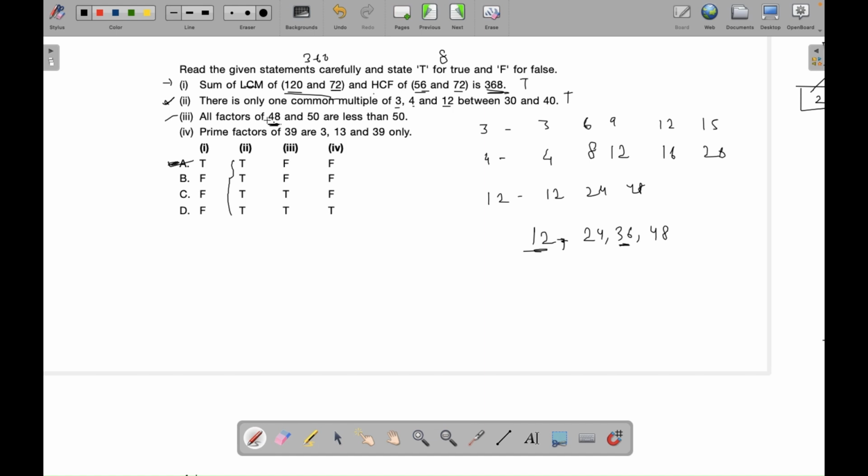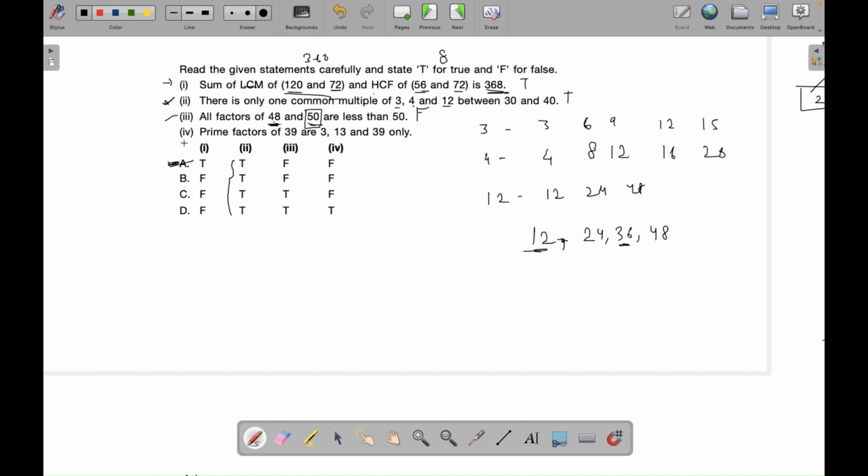So the highest factor of 48 will be 48 itself, and the highest factor of 50 will be 50 itself. But the question says all factors of these two numbers are less than 50. Right? But we know that for this number, we'll have 50 as a factor. So 50 is equal to 50, not less than 50. That is why this is false.